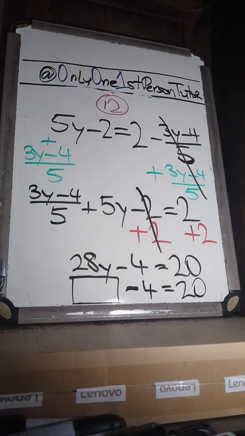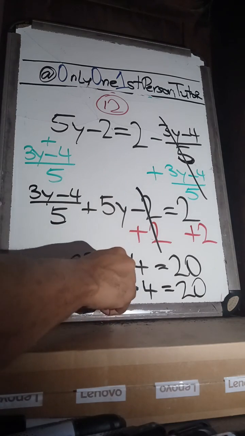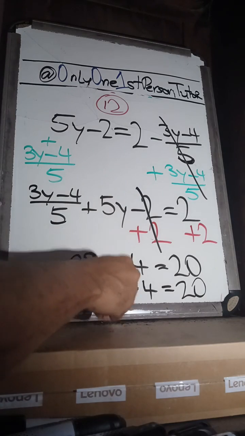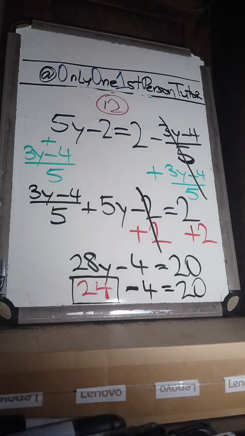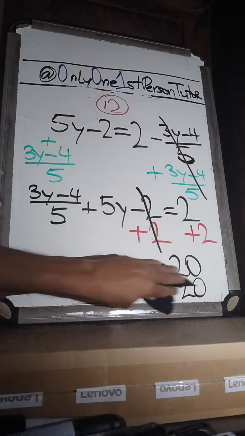If I add the 4 back to what's in the box, I end up with 24. So now we have 28y is equal to 24. So let's write that. 28y is equal to 24.